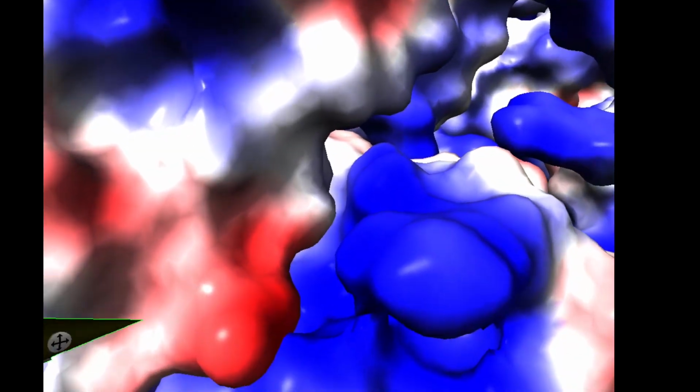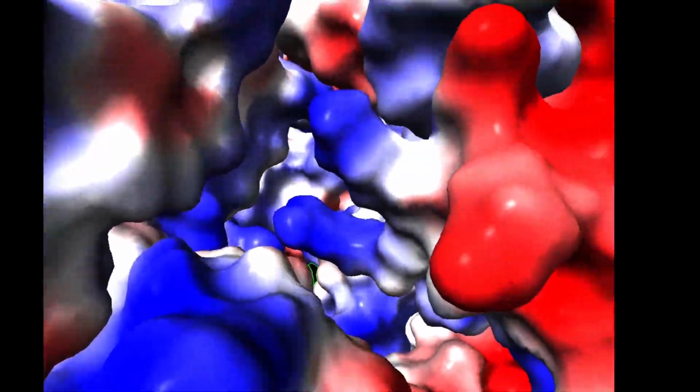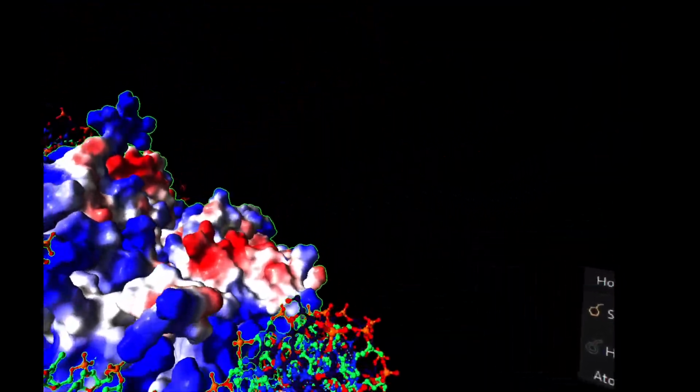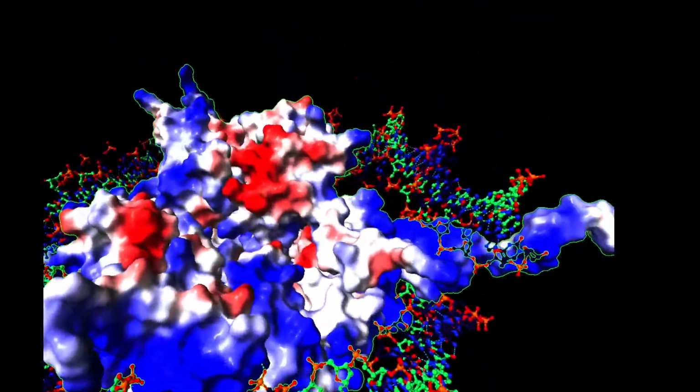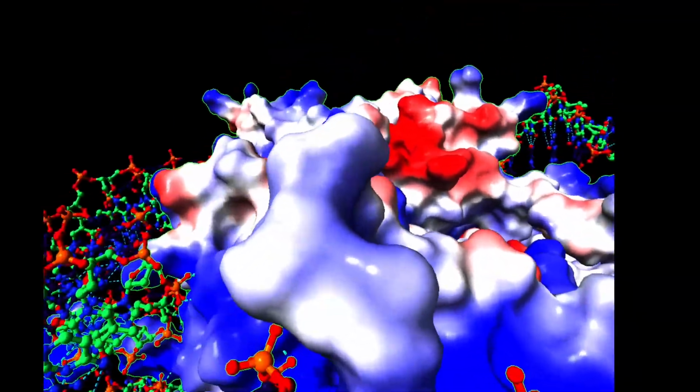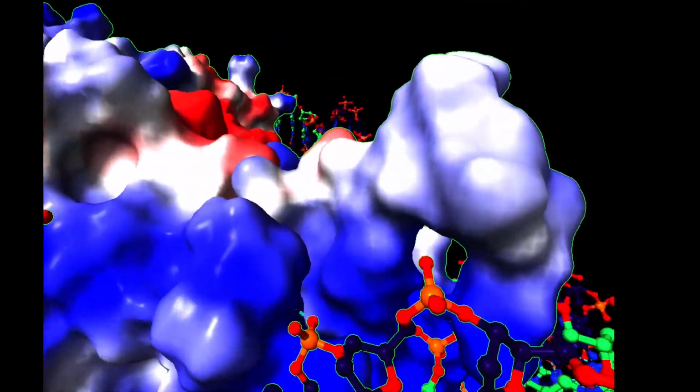But most importantly, the interactions between the protein and the DNA itself are highly electrostatic in nature, in which the negative charges of the DNA perfectly bind together to the positive charge of this protein.